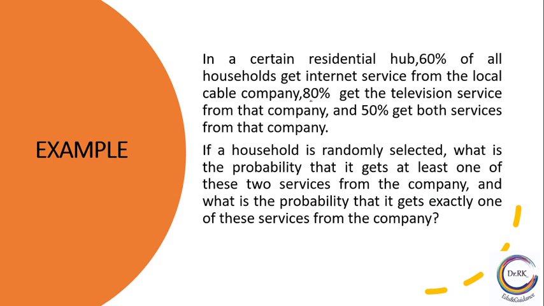In a certain residential hub, 60% of the households get internet service from the local cable company, and from the same company, 80% get television service. And 50% are getting both internet as well as television services. This is the data given.